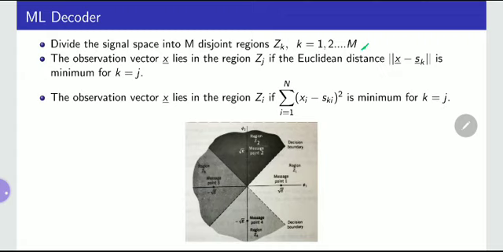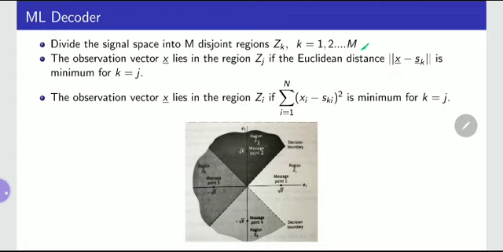We will divide the space into M regions, and in each region there will be one signal point sj.